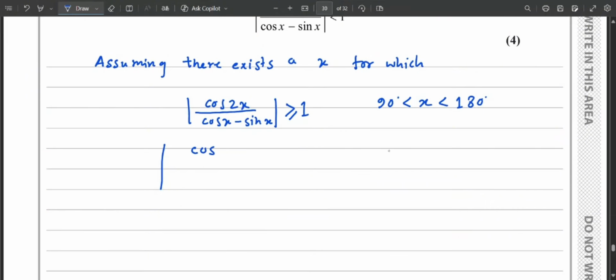I know that cos 2x is equal to cos square x minus sin square x. We know this from an identity of cos 2x.